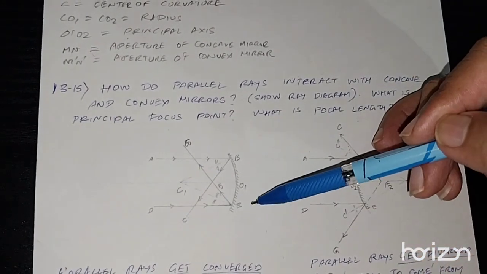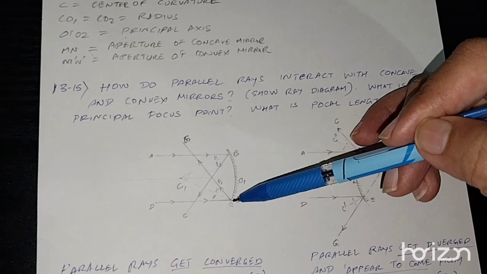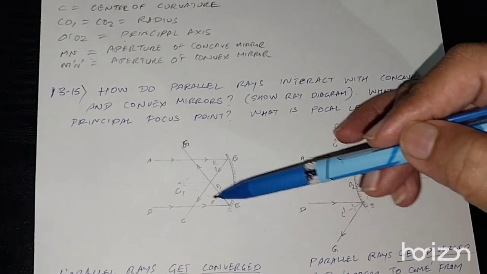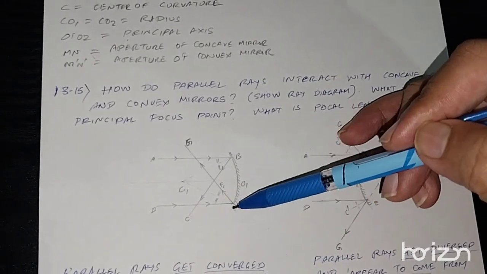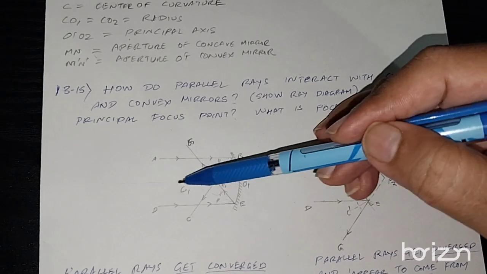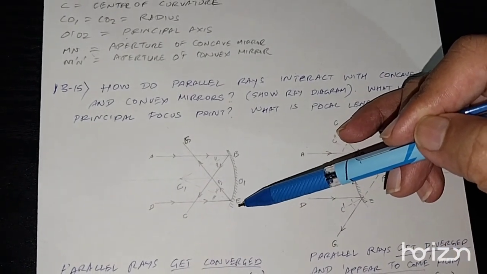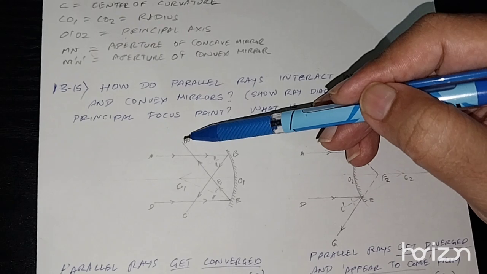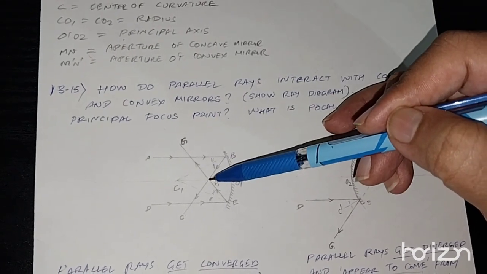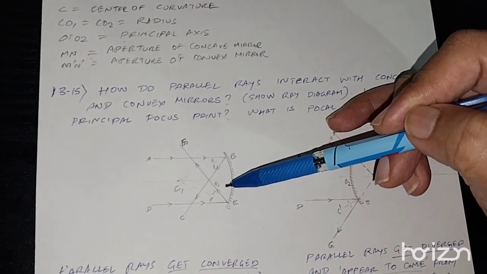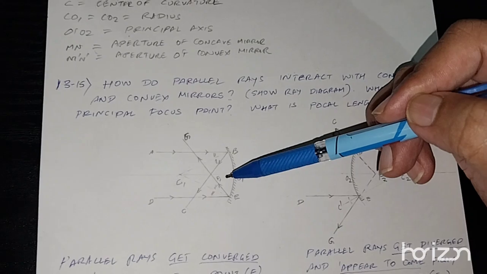Similarly, DE, which is also parallel to the principal axis, has the normal C1E because that is the radius of the sphere. So DE will get reflected in the direction of EG. These two rays will meet at a point which is known as the principal focal point.